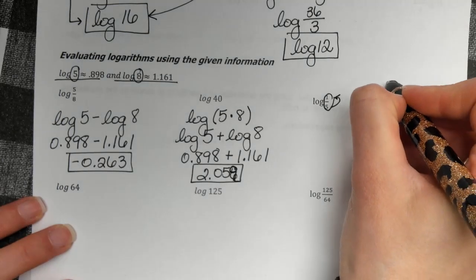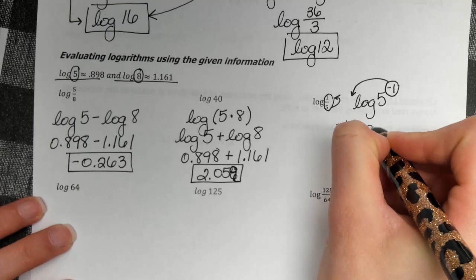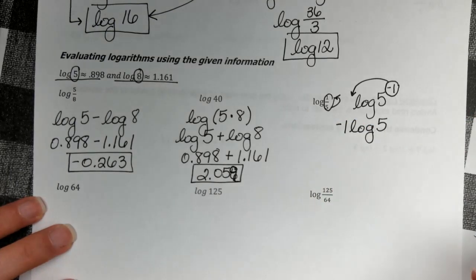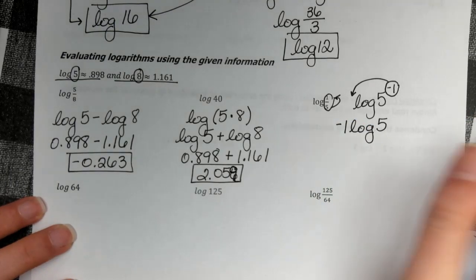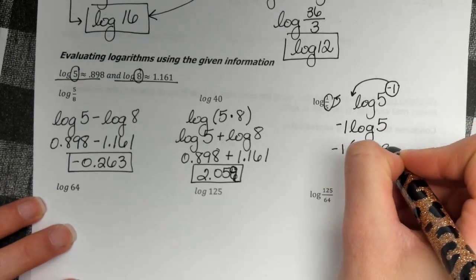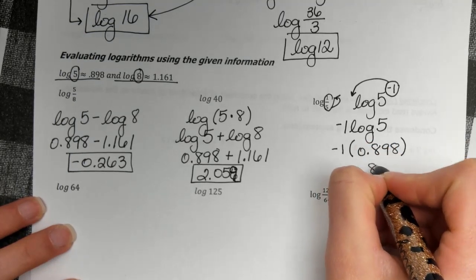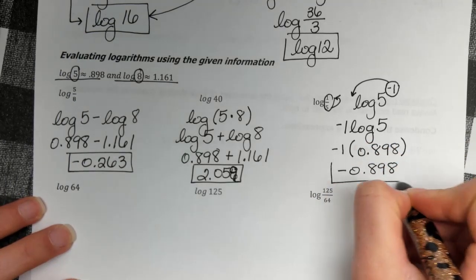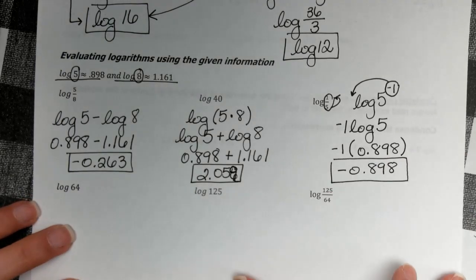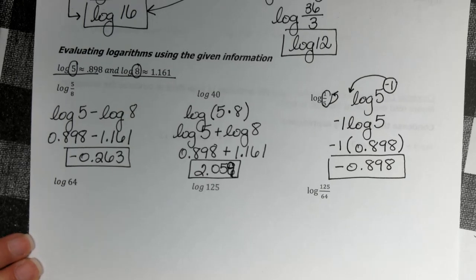So then I can take this negative 1 and move it to the front and have negative 1 log 5. So then I've got a negative 1 times my 0.898, which just gives me a negative 0.898. Okay, do you understand what I'm doing? Do we have questions? Okay.